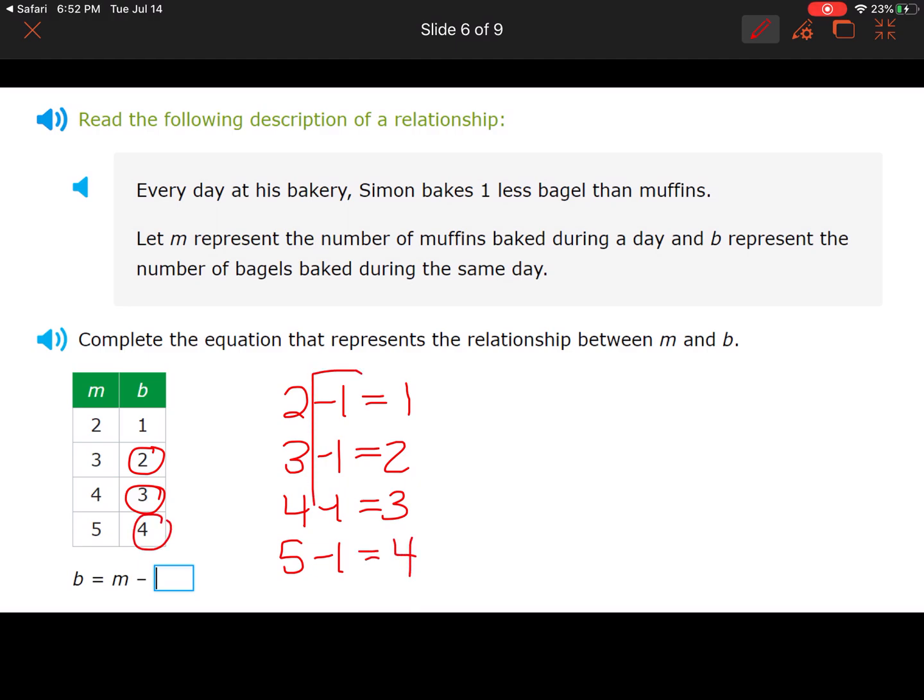So what we're doing every single time is we are subtracting by 1. So in this box to complete the equation, to get the number of bagels, we have to take however many muffins we are and subtract 1, which makes sense because he always makes 1 less bagel than muffin.